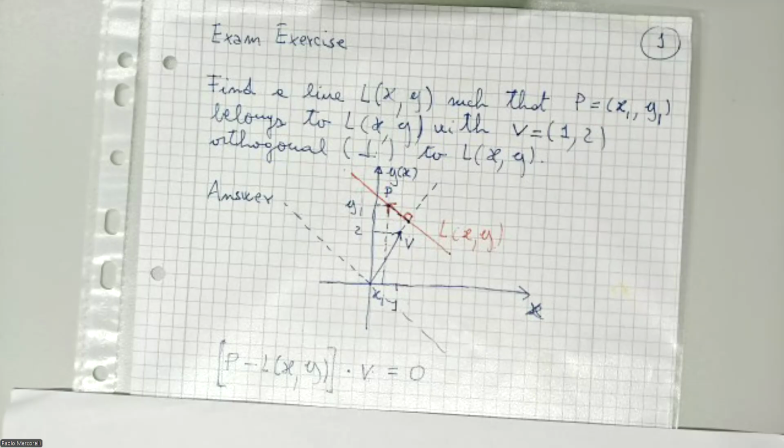I mean, this condition must hold for each P. And you agree that for each x1 and corresponding y1, we have a parallel line, the red line, which is orthogonal to the line here.